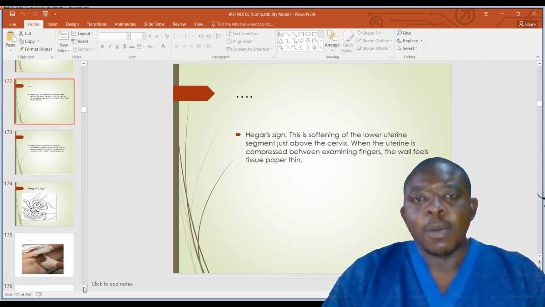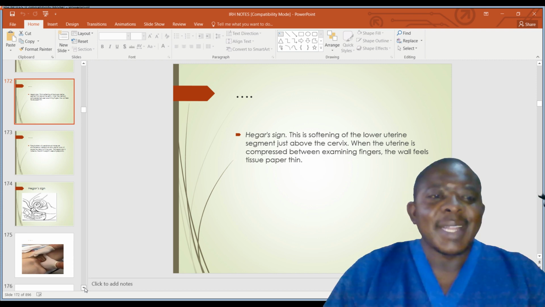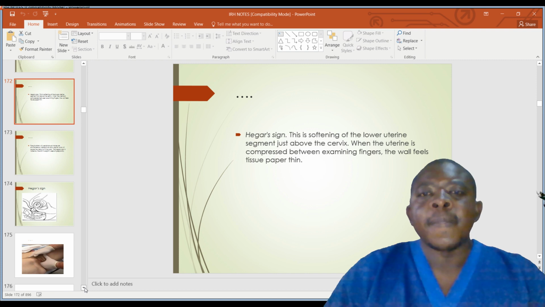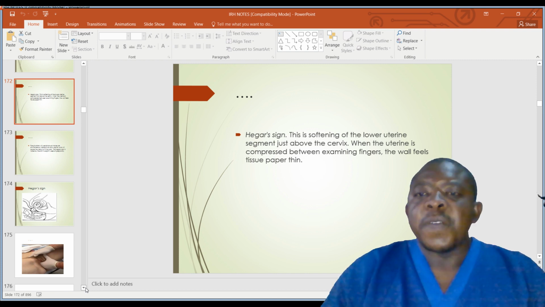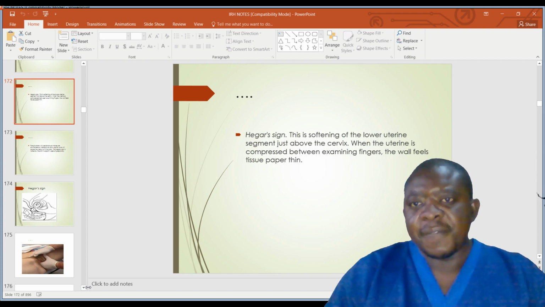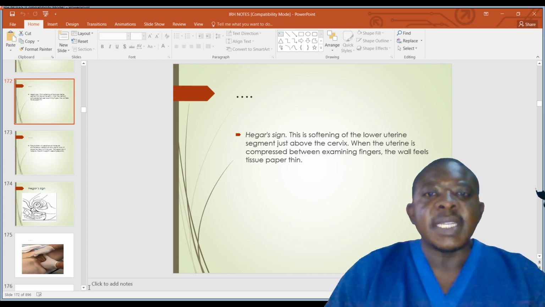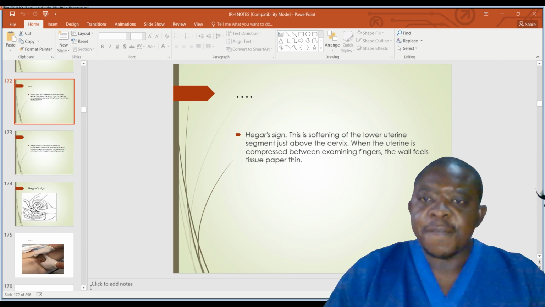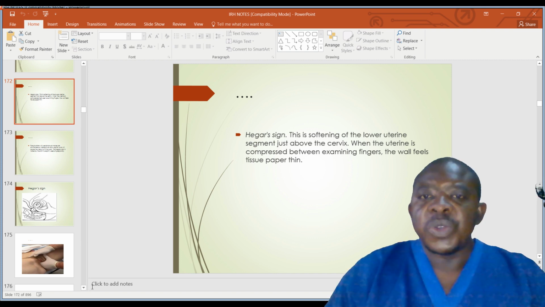Right now we are looking at Hegar's sign. This is a softening of the lower uterine segment just above the cervix. When the uterus is compressed between examining fingers, the wall feels tissue paper thin.